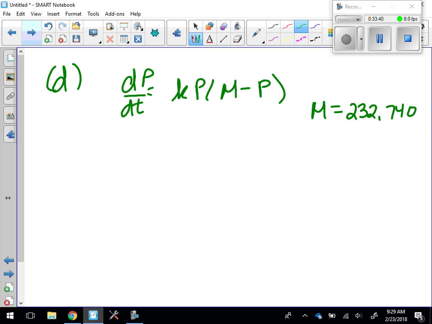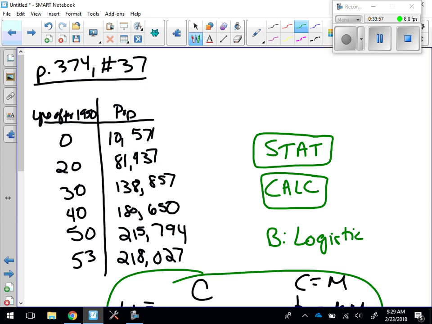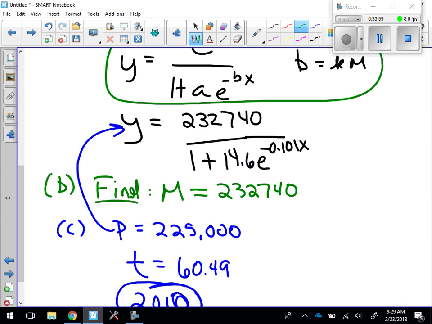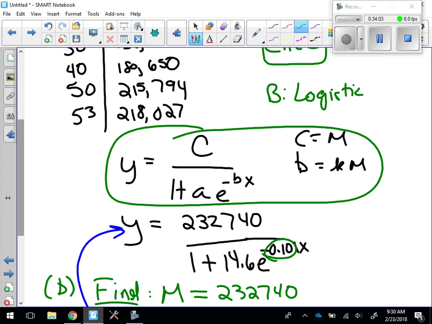How do I find k? So remember that the thing that's in front of the t here, that this thing is actually km. But we just want the k.